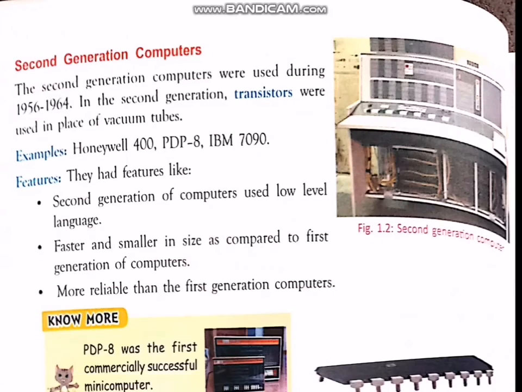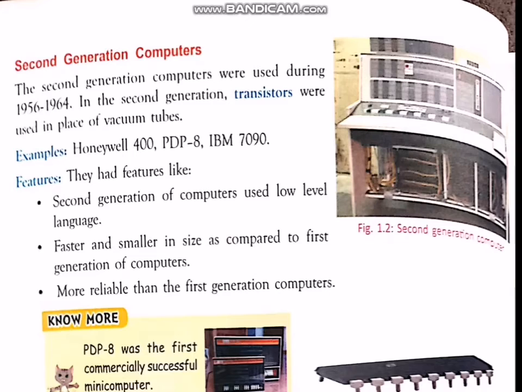Now we pass on to the second generation computers. In the first generation, I told you the main component is the vacuum tubes. Here, instead of vacuum tubes, they used transistors. You see the figure on the screen. The transistors are similar to a chip.